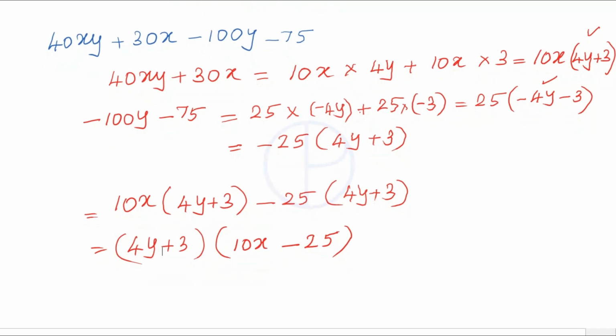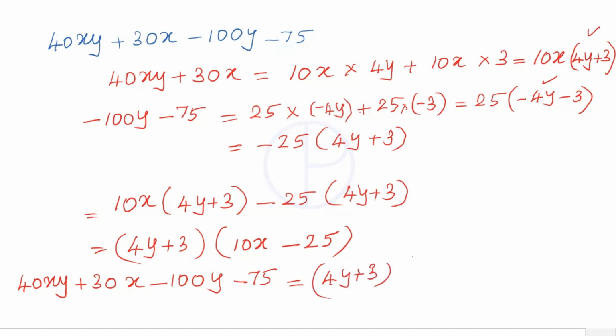Now 40xy plus 30x minus 100y minus 75 is factorized as 4y plus 3 multiplied by 10x minus 25.